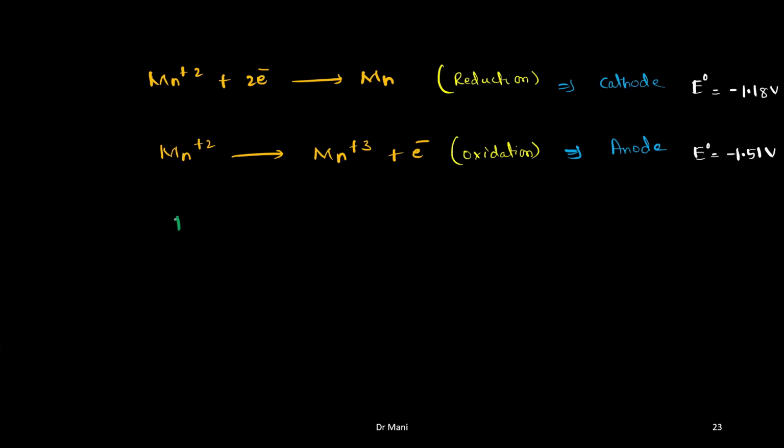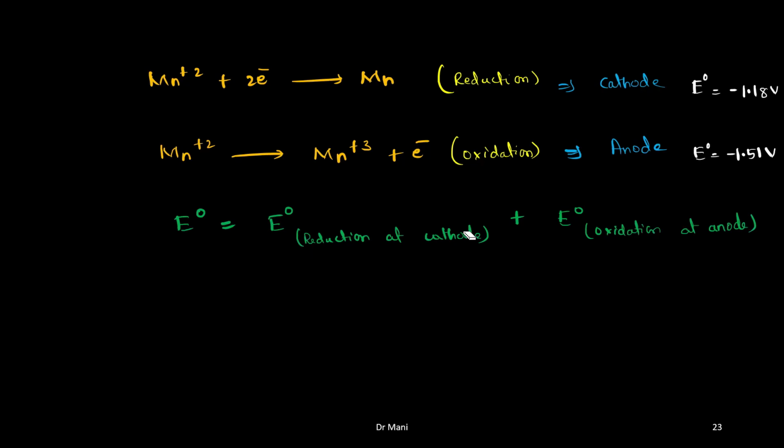And the total we studied yesterday. E naught is equal to E naught of reduction at cathode plus E naught of oxidation at anode. Please be careful with the order.